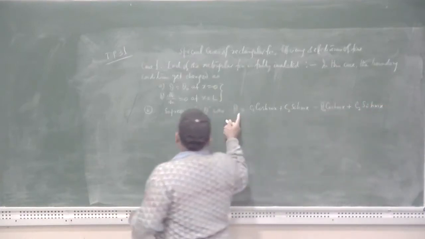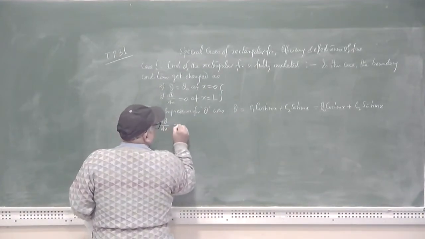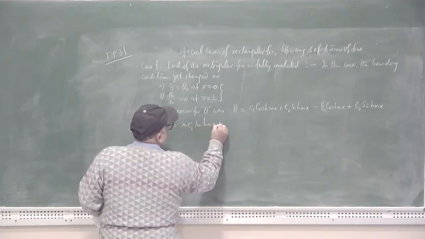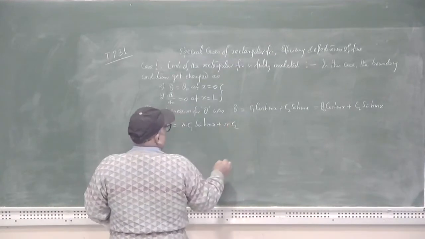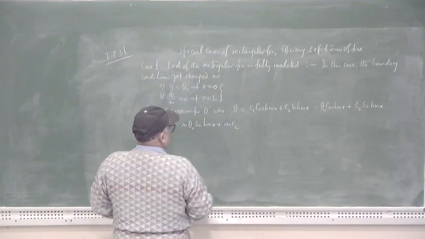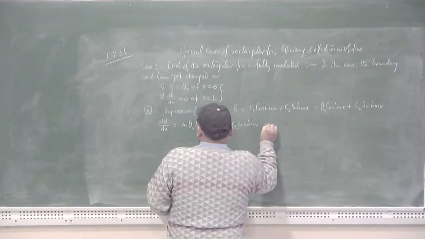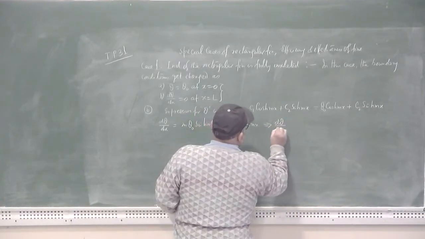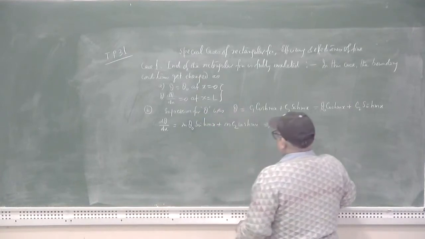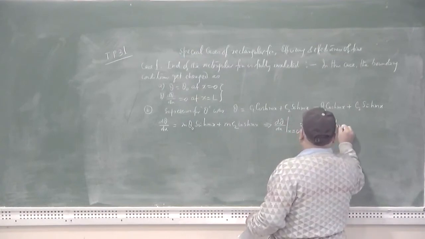So, differentiating this equation with respect to x, we will obtain d theta by dx is equal to m theta 0 sinh mx plus m C2 cosh mx.